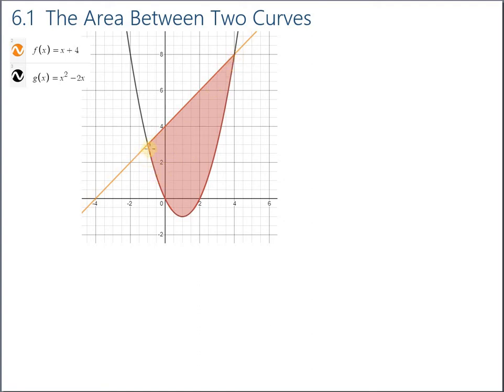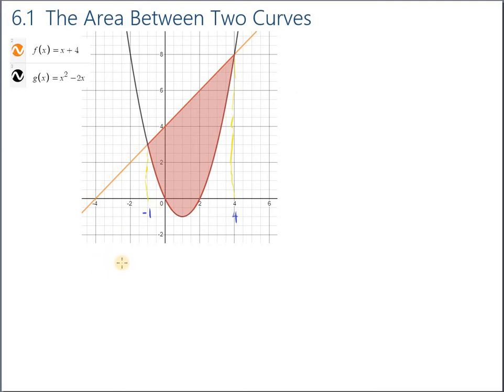That's one thing we'll need to figure out: where does this begin, and where does it end? It seems from the graph that it's pretty clear that that's -1 and 4.